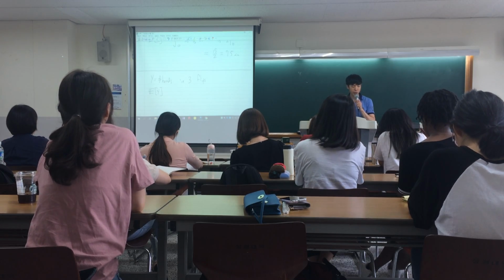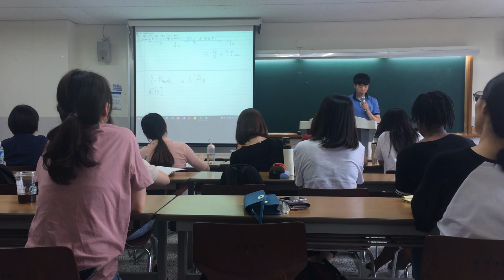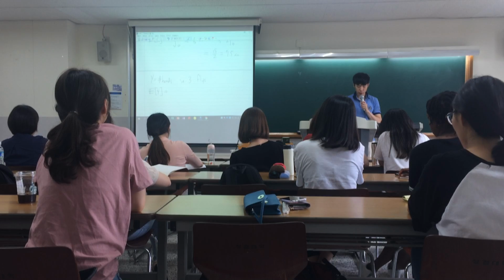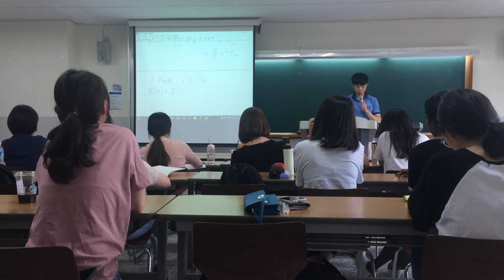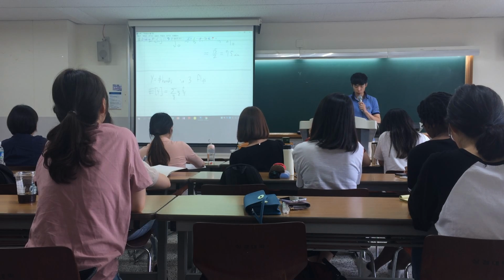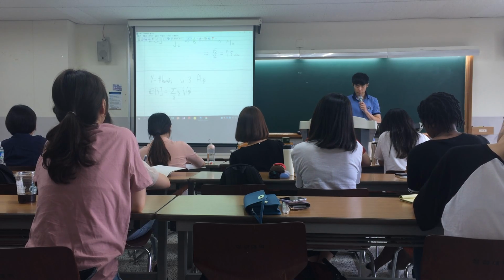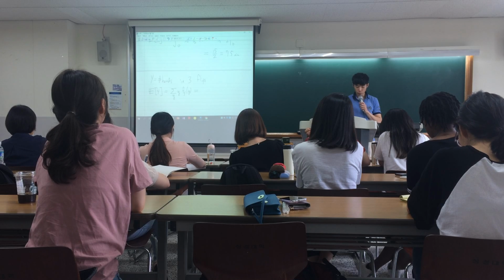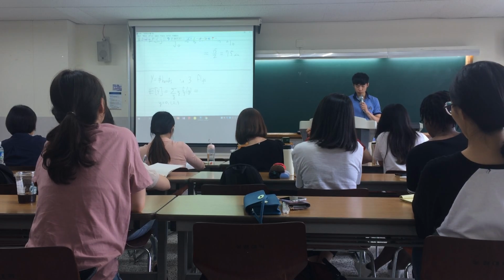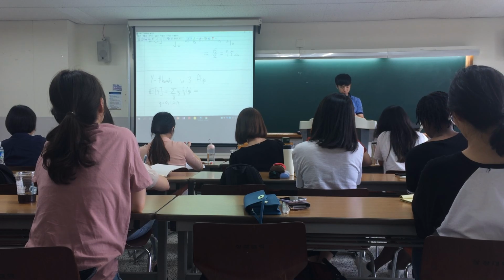What's the average? For this, remember the value is going to be the sum of all y times f y. And so y can be 0, 1, 2, or 3, and so we're going to add all of them.